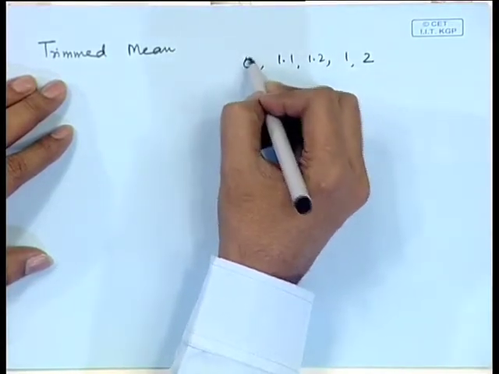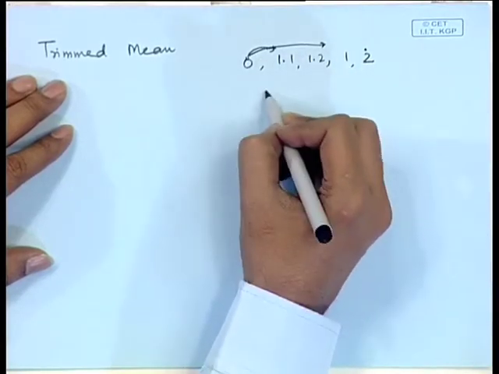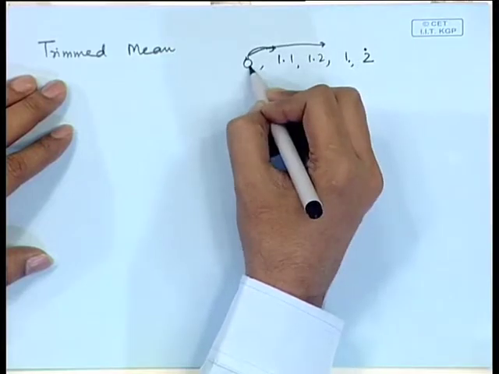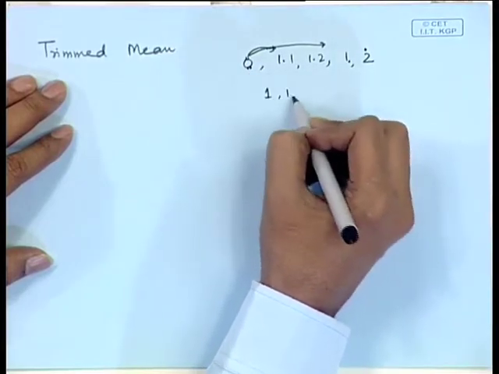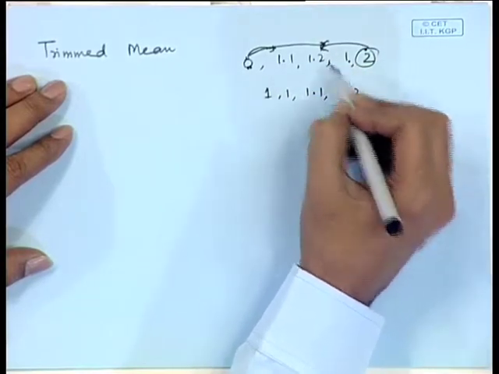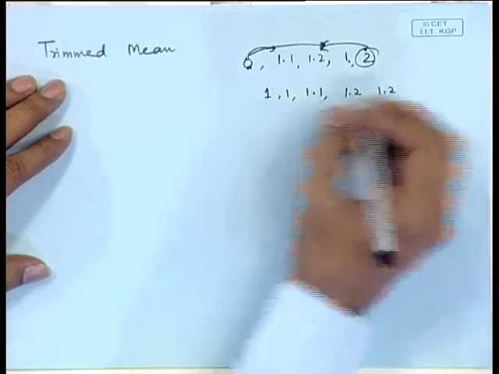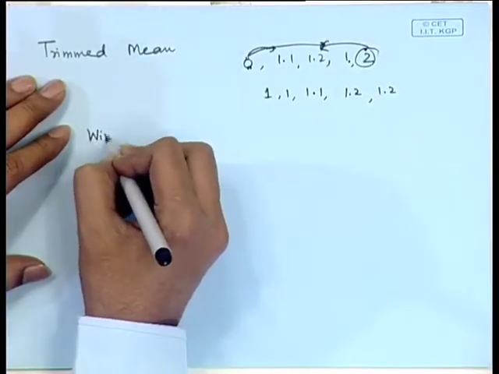Then the lowest value is 1, and below that this is 0, so I will convert this to 1. So, 1, 1, 1.1, 1.2, and this 2 I bring down to the next value, that is 1.2, and then take the average. This is known as the Winsorized mean.